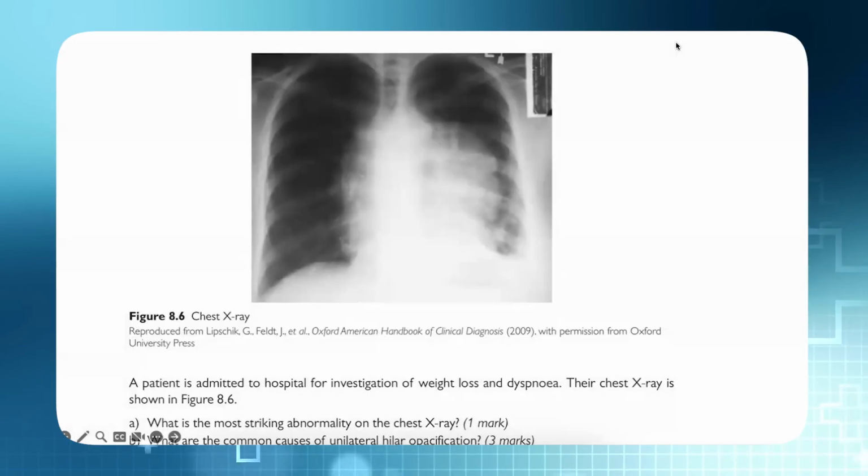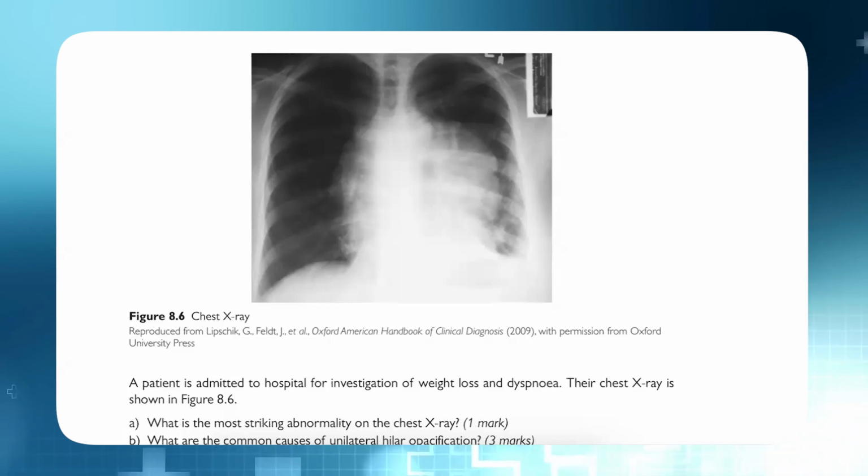Okay, so students, today I will discuss the respiratory system CBS. In the CBS, you might get three tables. The first one is your lab, the second one is your image, and the third one is your image.